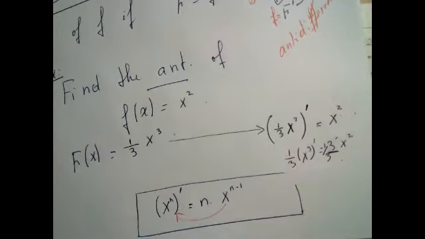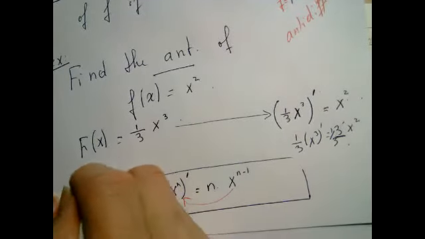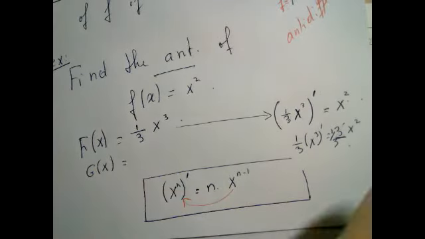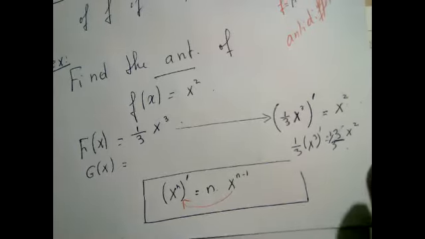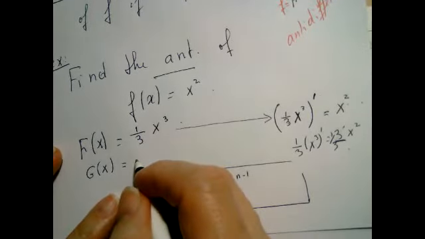And usually the question is, can you give me another one? Can you give me another antiderivative? Give me another function that, when you differentiate, you also get the same thing. Okay, chat is open. 1/12 x to the 4th?